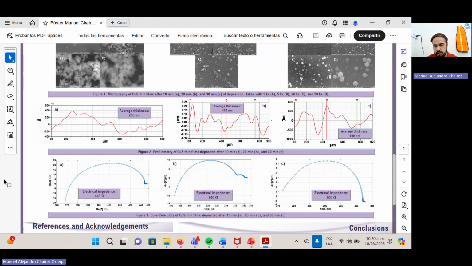So the current increases and the resistance tends to decrease.